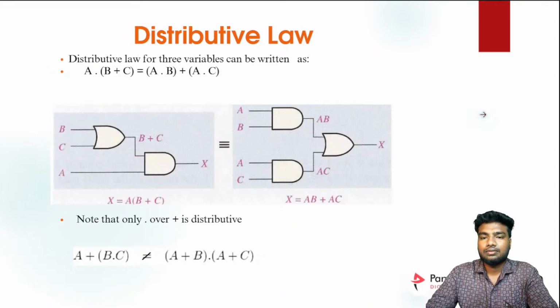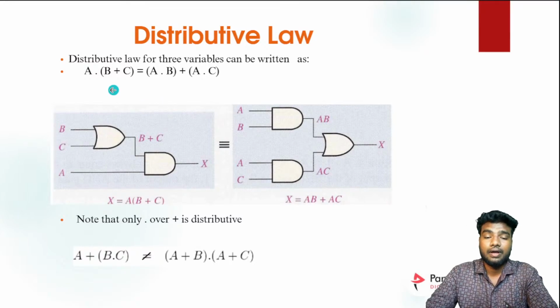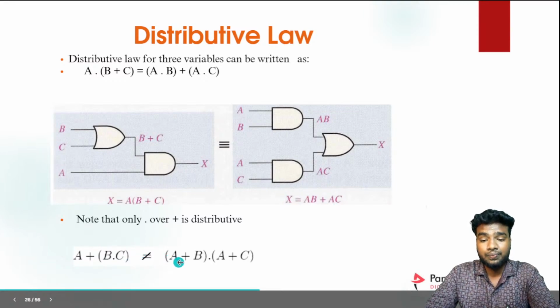Then the distributive law. The distributive law means multiplying into the bracket, like A and (B plus C) equals A and B plus A and C. And there is one important thing: A plus (B and C) is not equal to A plus B and A plus C.